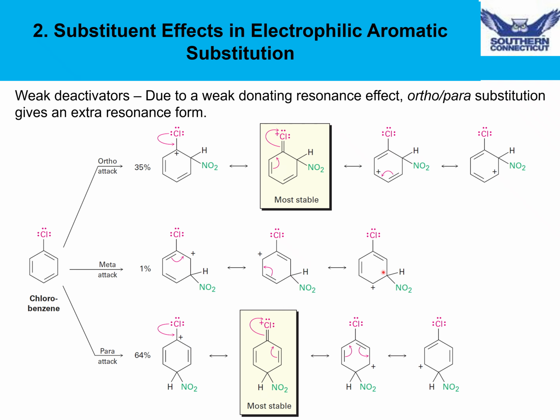So again, in general, the more resonance structures we have for very similar intermediates, the more stable that intermediate will be. In addition, one of the resonance structures when we do ortho or para substitution is highly stable because there's a full octet on every atom.